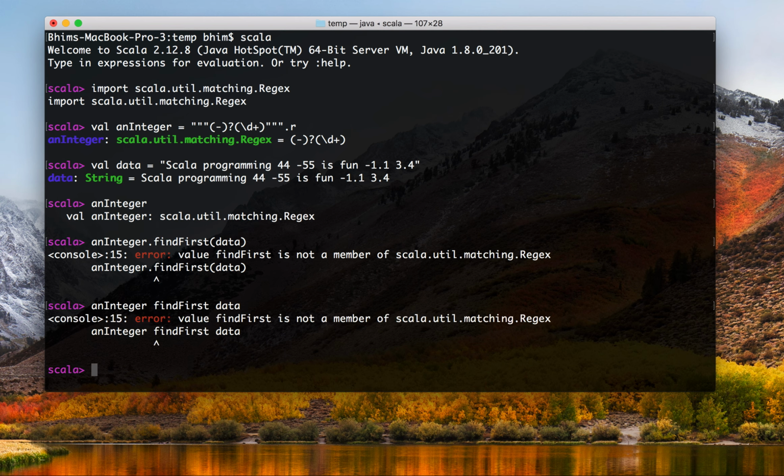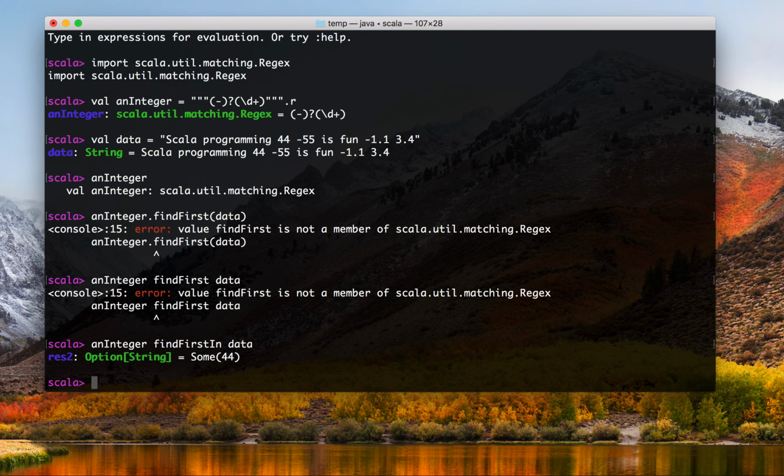Find first. What does it say? Value findFirst is not a member of scala.util.matching.Regex. Actually, it should be findFirstIn. Okay, so we're getting a Some. It doesn't say number, but it says Some, because it's a class.